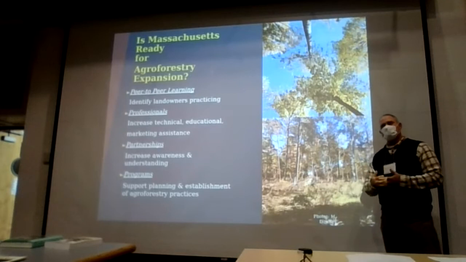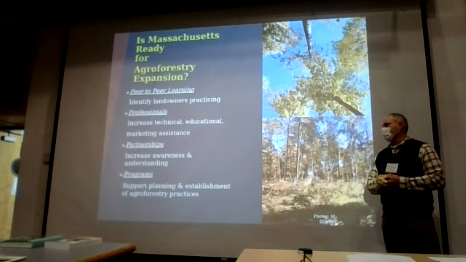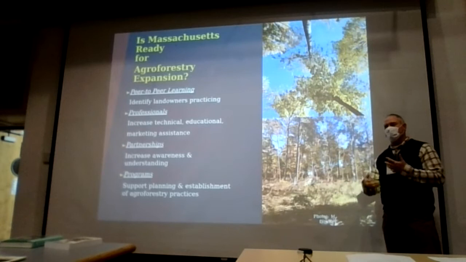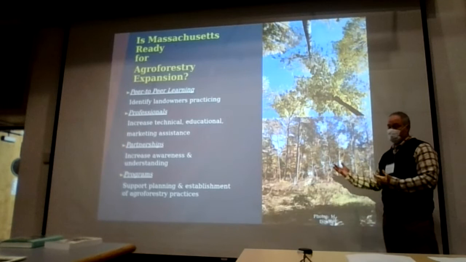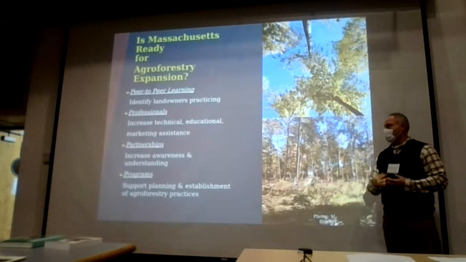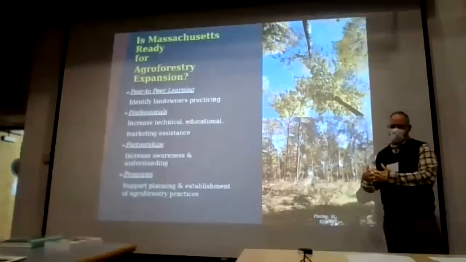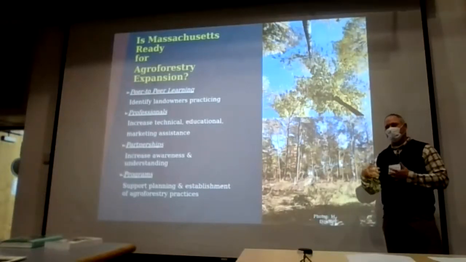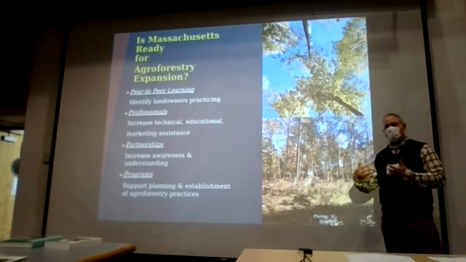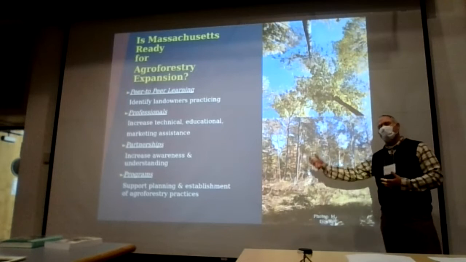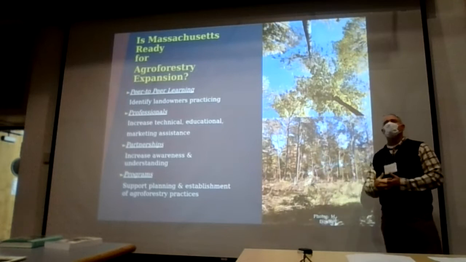and we need more demonstration of these practices on the ground here in Massachusetts. And that will hopefully start to move us towards becoming more aware, and then hopefully we'll see wider adoption on the farm. Agroforestry is not going to fix everything. It's there to fix specific problems on the farm, and it's there to fit certain niches on the farm as well. But just like planting trees isn't going to get us out of this climate issue, agroforestry isn't either.